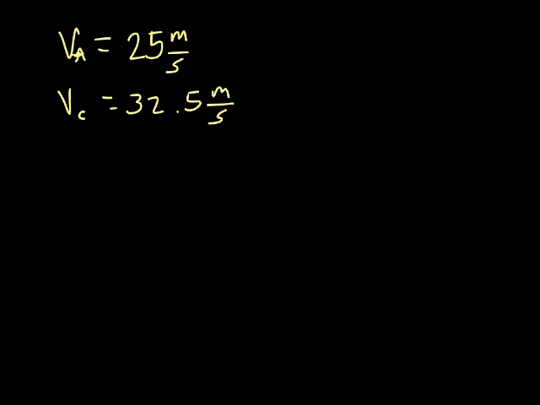So you want your units to match up so you can compare them accurately. When you change the speed of the antelope, you should have gotten 25 meters per second, and the speed of the cheetah would have been 32.5, just to check your work on those. And then you had a time of 30 seconds. There were a few different ways that I saw people solve the problem.